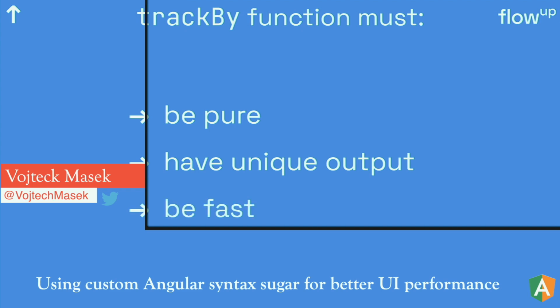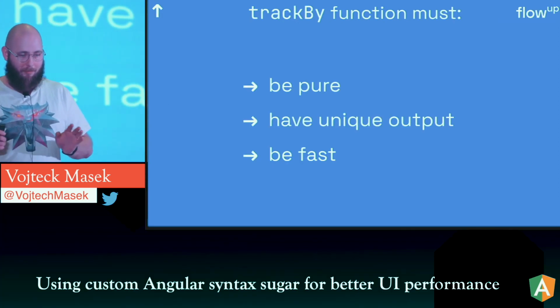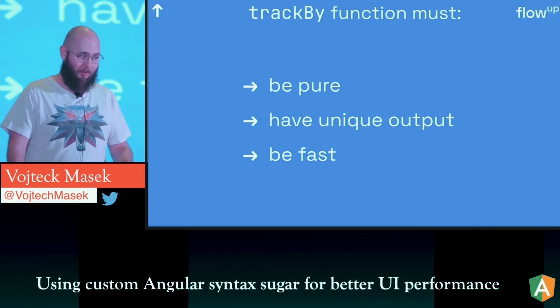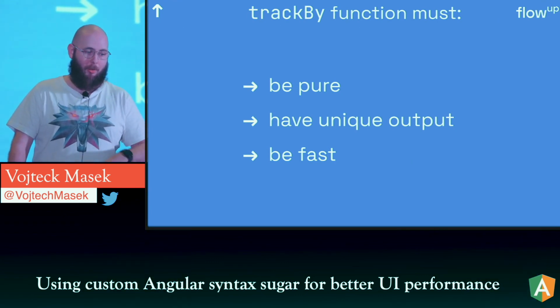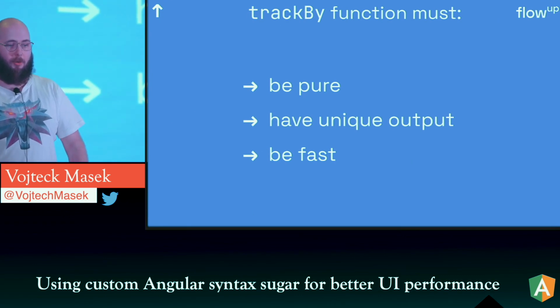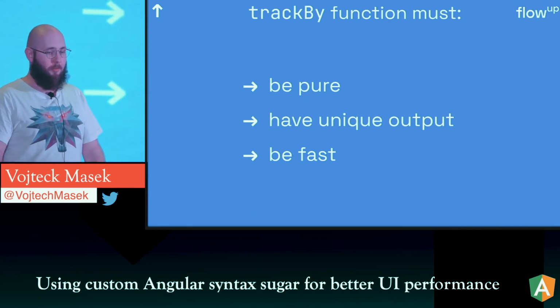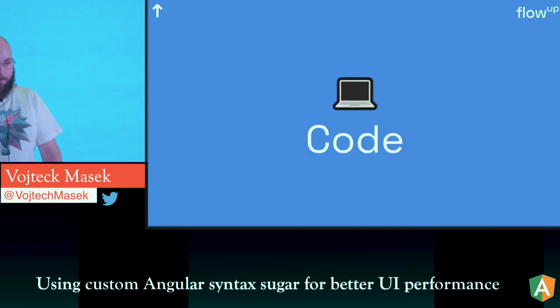And it also needs to be fast. If you are computing something in that function and it's non-trivial, then it's not a good idea. Once your track by function is actually doing something non-trivial, you are probably introducing worse behavior than you had before. So make sure it's fast. Don't do many things there.